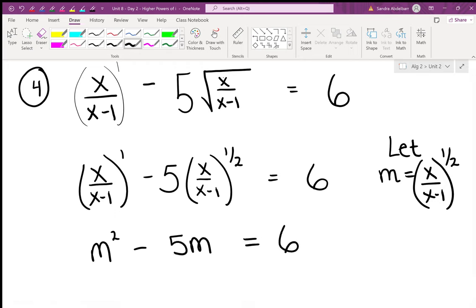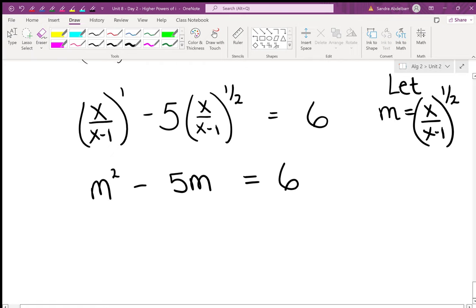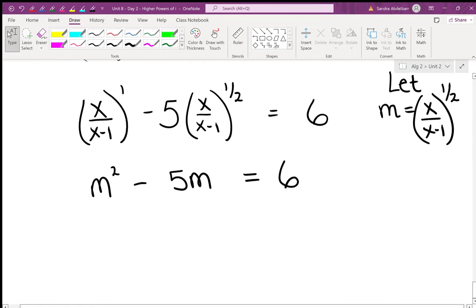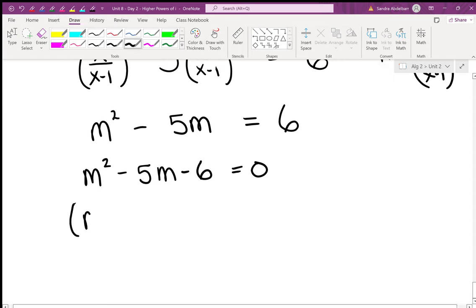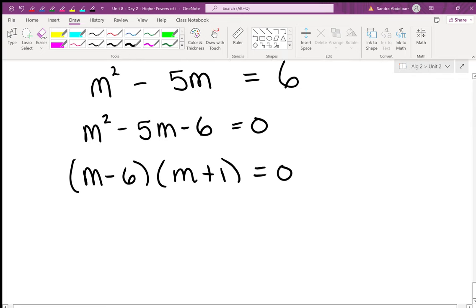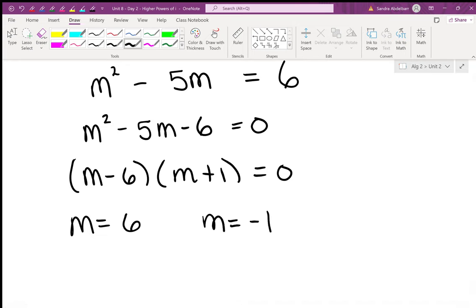What should I do now? Good, move the 6 to the left side and then we can factor. So we have m minus 6, m plus 1, and then we end up with m is equal to 6 and m is equal to negative 1. Are these my answers?